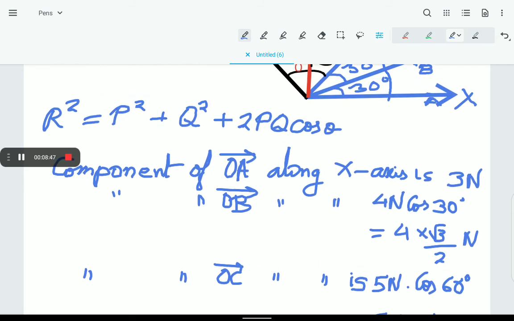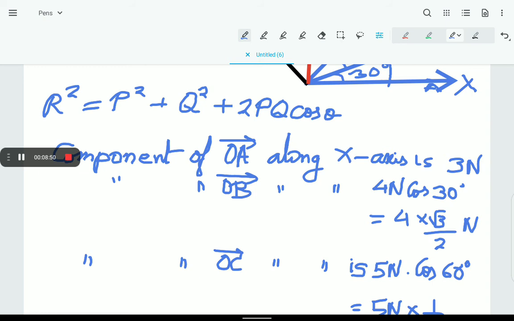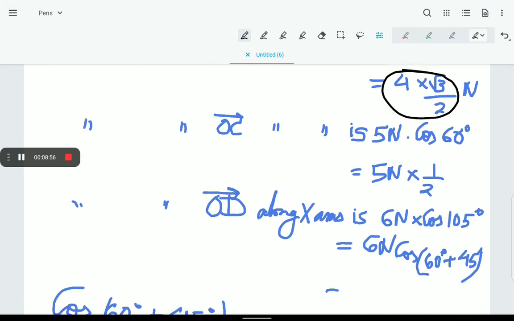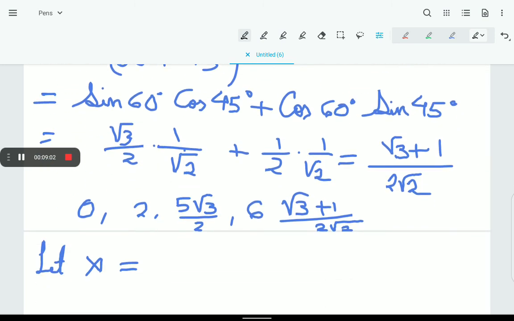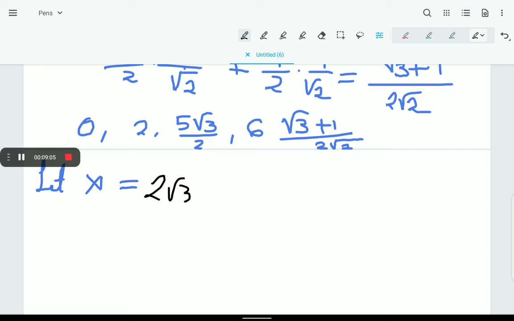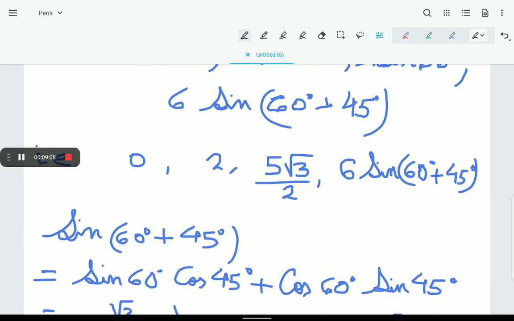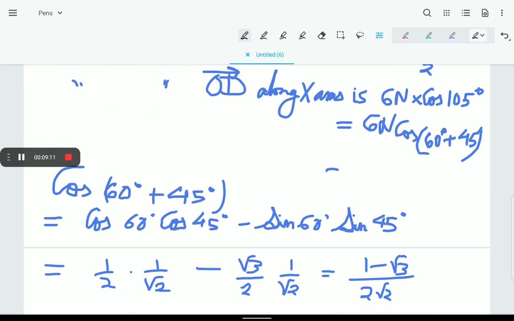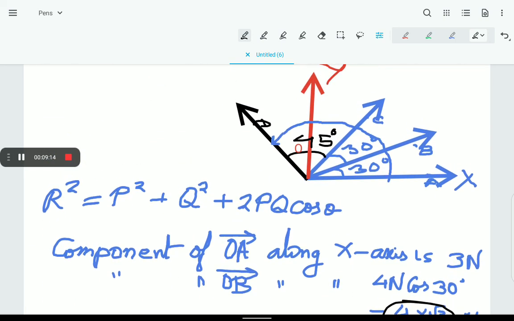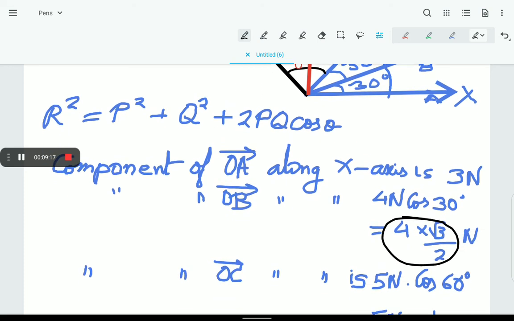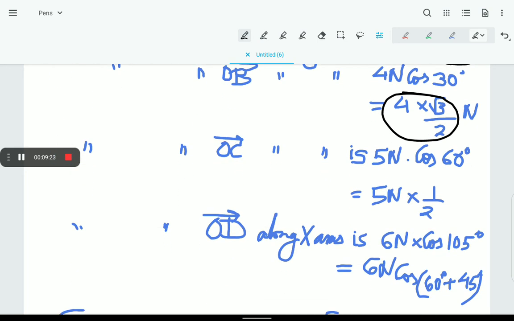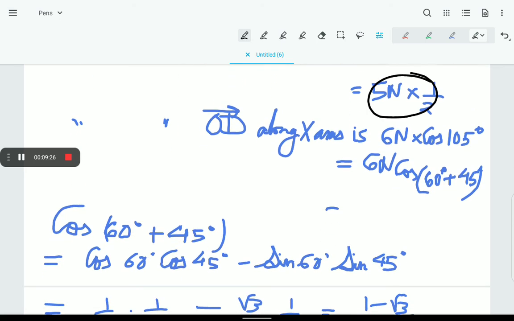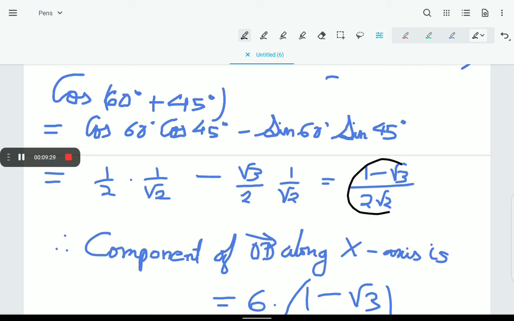First one is along OA, that is 3 Newton. Second one is 4 into root 3 by 2, that is 2 root 3. Third one is 5 by 2, and fourth one is 1 minus root 3 divided by 2 root 2.